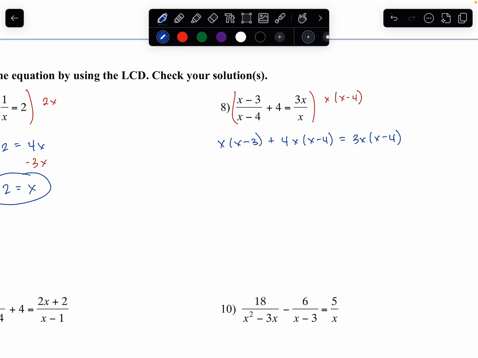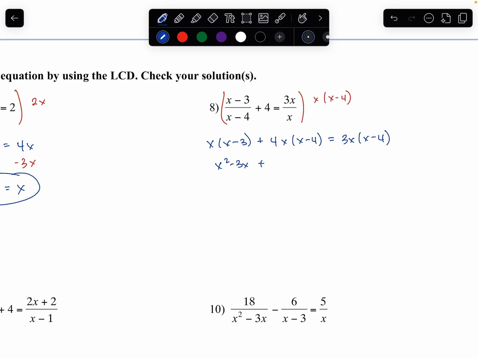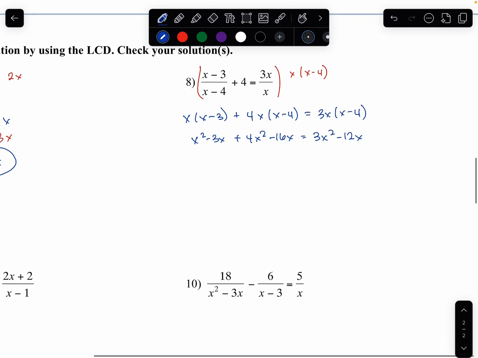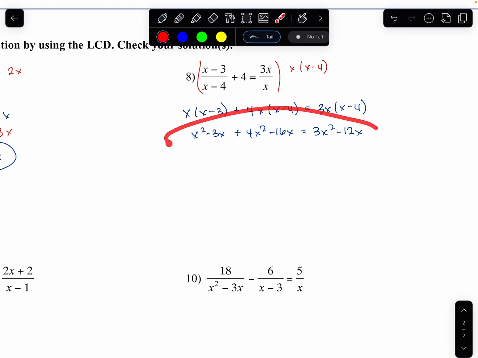Let's go ahead and simplify. So I'm going to distribute the x here to get x squared minus 3x. And then plus 4x squared minus 16x equal to 3x squared minus 12x. Now I have a quadratic equation because I have powers of degree 2. Let's go ahead and get everything onto one side.